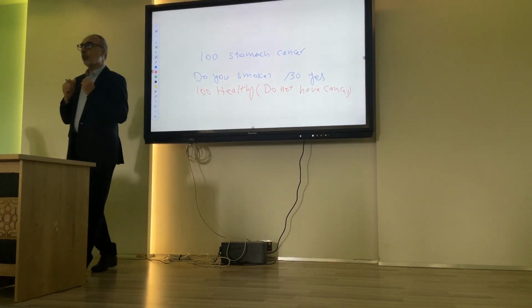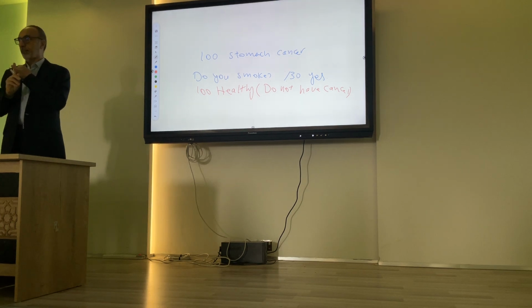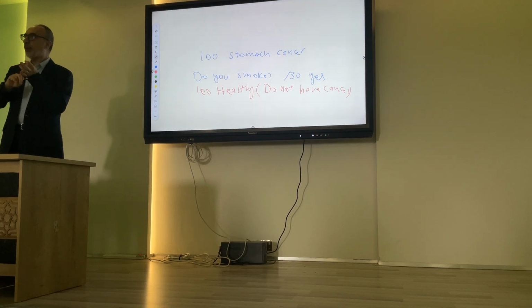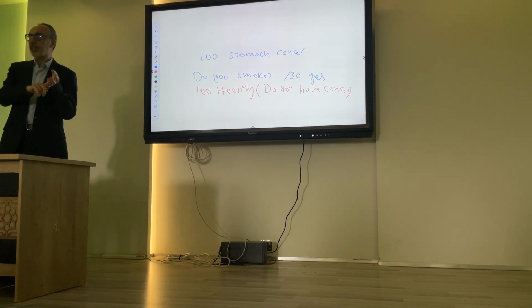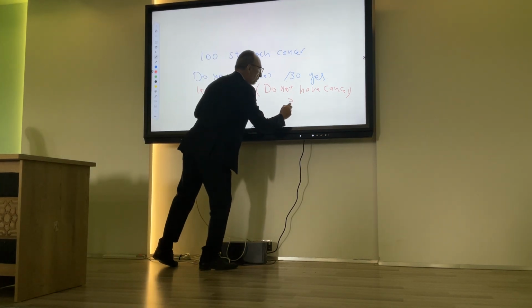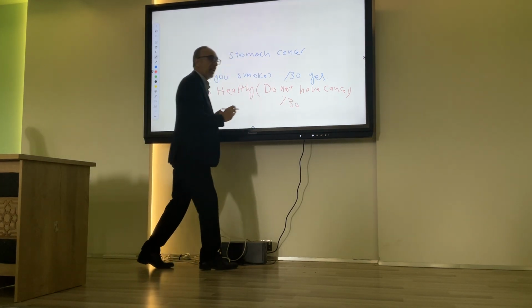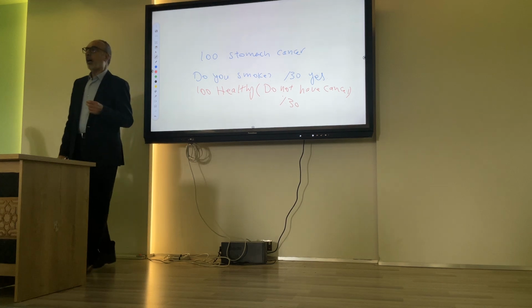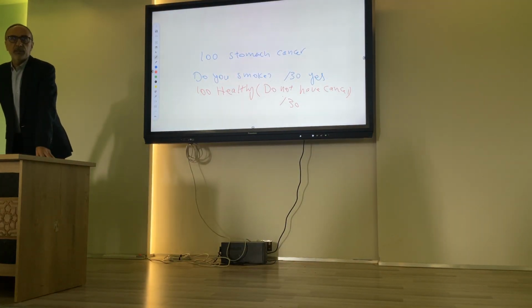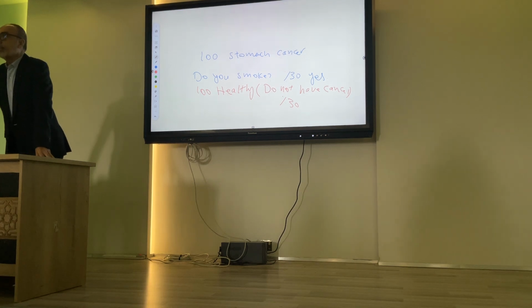If I select a group of people with the same age, the same gender, the same lifestyle, but the only difference is that they do not have stomach cancer, and 30% of this population also say that they smoke.